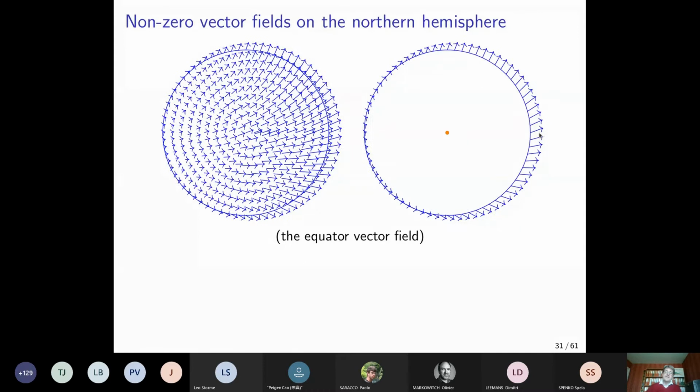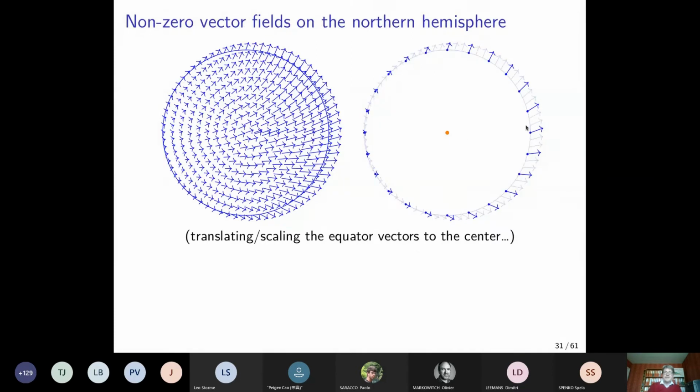Now on the right-hand side, I've retained only the things which are on the border, right? And remember, the border actually represents the equator. So these would be the tangent vectors on the equator, but seen from the people on the northern hemisphere. What I'm now going to do is move all these vectors on the equator to the center of the disk.